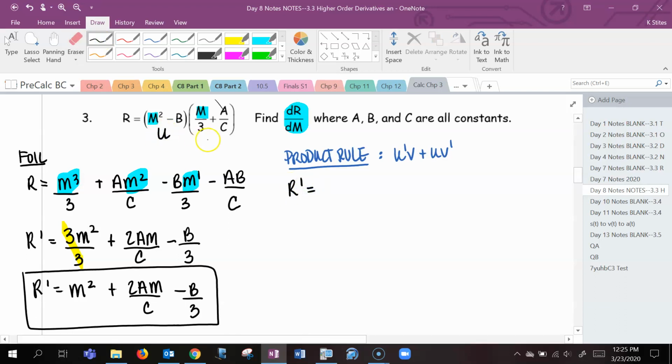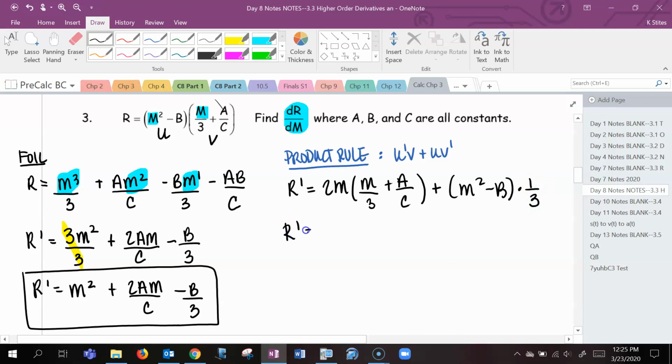So this is u and v. So u prime is just 2m times v. So v just stays the same. Plus u, so u stays the same, times v prime. V prime, your only variable is m here. So v prime just becomes a 1/3.